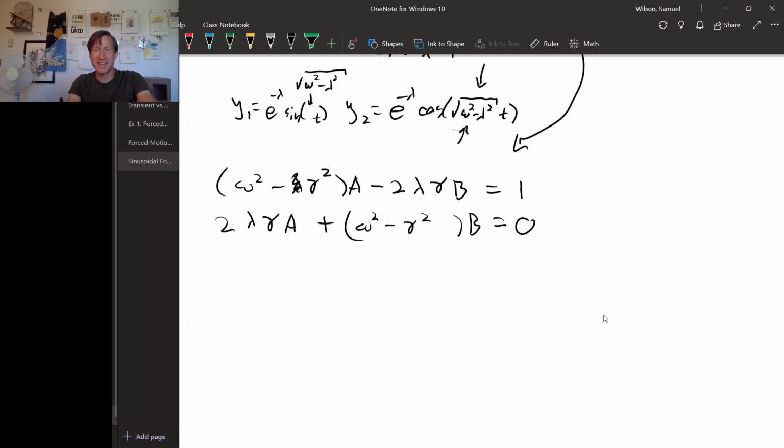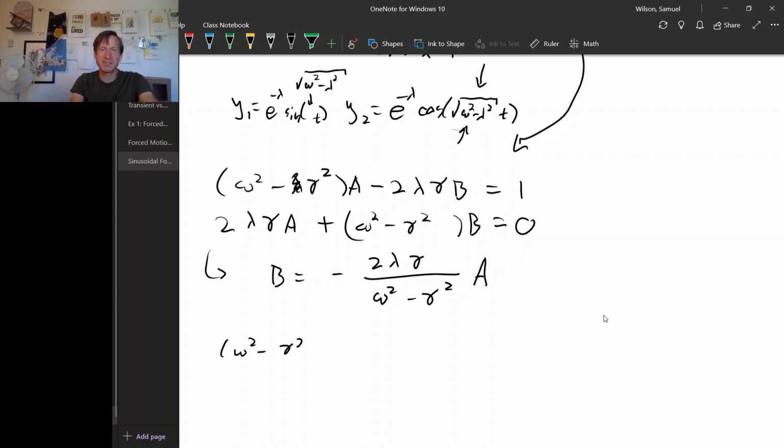We'll take the second equation and solve for B. So B is minus 2 lambda gamma over omega squared minus gamma squared times A. Now we can put that into the first equation. We get omega squared minus gamma squared times A.